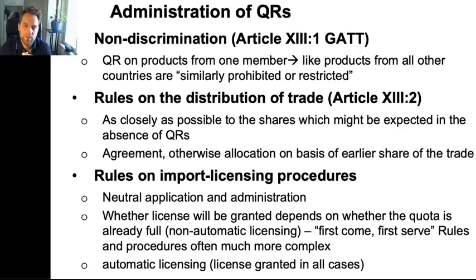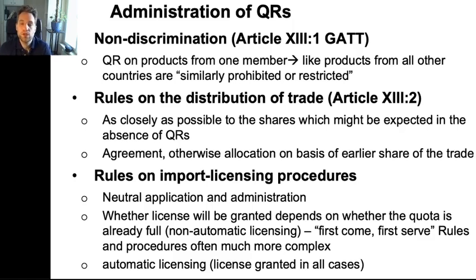Good. However, if you impose such quantitative restrictions on an exceptional basis, certain rules nevertheless have to be complied with. So, non-discrimination: there is a specific rule, not only MFN, but also a more specific one referring to the administration of quantitative restrictions, to be found in GATT Article 13, paragraph 1, that if there is a quantitative restriction on products from one member, the like products from all other countries are similarly prohibited or restricted, as GATT Article 13, paragraph 1 says.